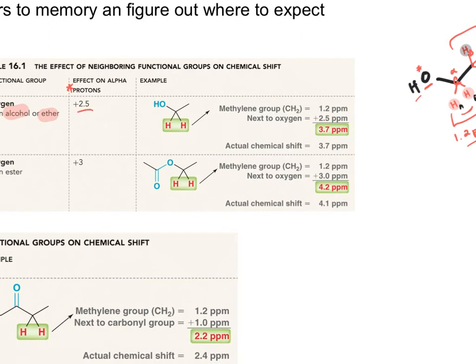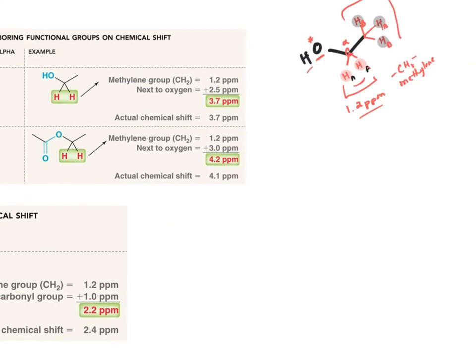This is the oxygen of an alcohol or an ether. What they tell me to do for alpha protons is add 2.5 parts per million. So normally, without any electron withdrawing groups near these methylene protons, they would have a signal at 1.2. But because they're in the alpha position to the oxygen of an alcohol, we're going to add 2.5 parts per million to them.